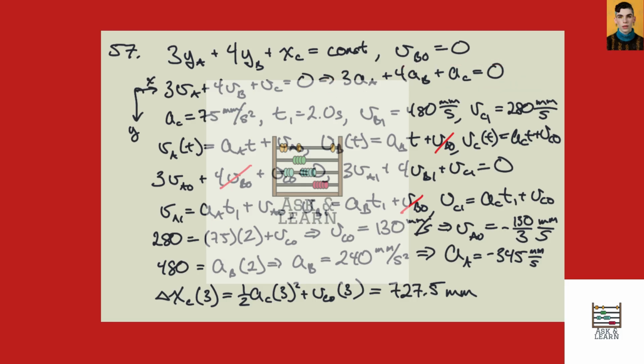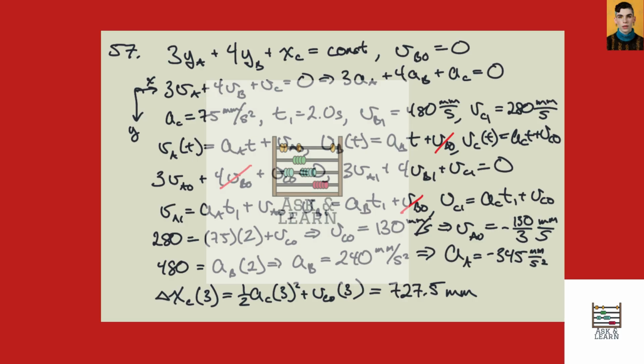So we know the acceleration of C, and we know the acceleration of B, so we can find the acceleration of A, and that is minus 345 millimeters per second squared. And so we got the accelerations of B and A, which was what we were asked for, and then we want to know what the change in position of block C is.